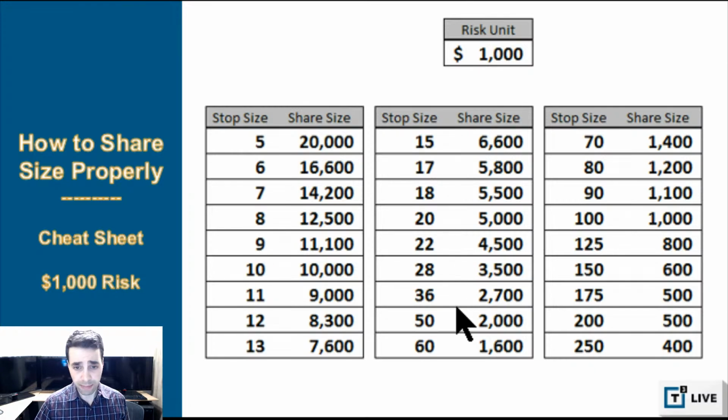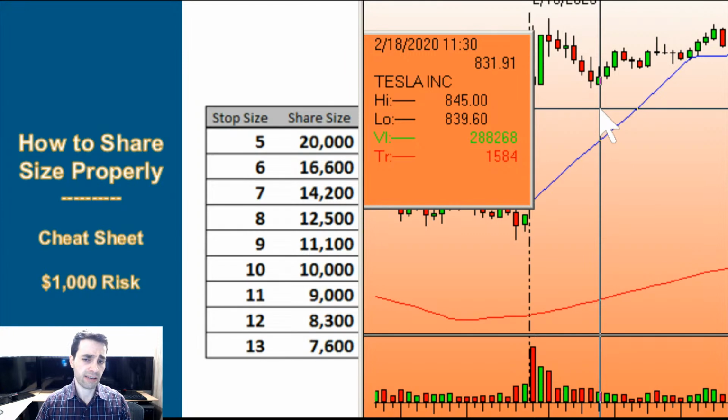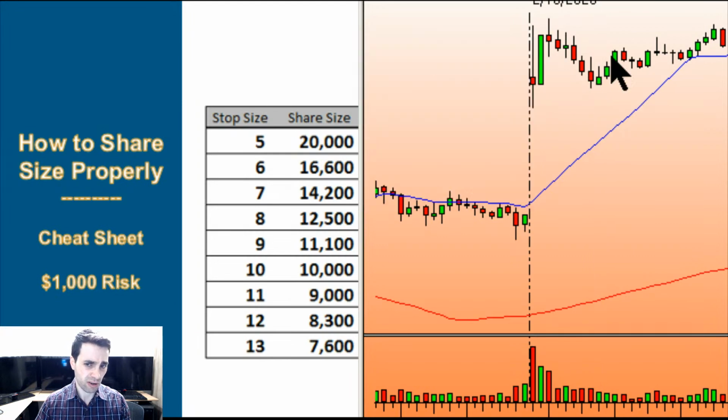And then as the stop gets bigger, you're never going to trade Tesla, let's say, with a 5 cent stop or a 10 cent stop. It's always going to be more like dollars. Like, let's say you wanted to buy it here. In this case, it's $8.45, with a stop under $8.39. That's a $5.50 stop. Okay?